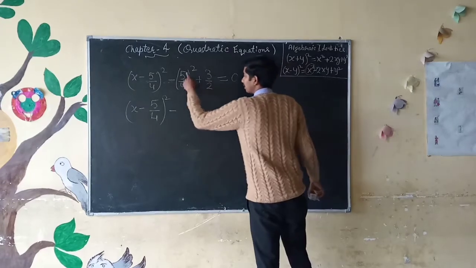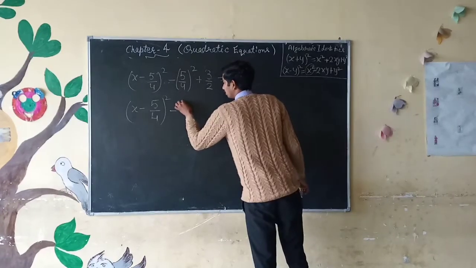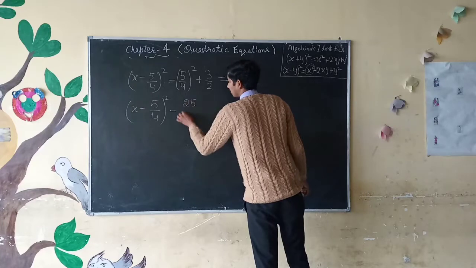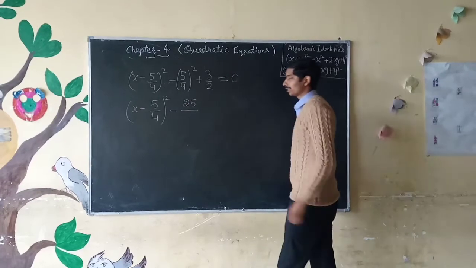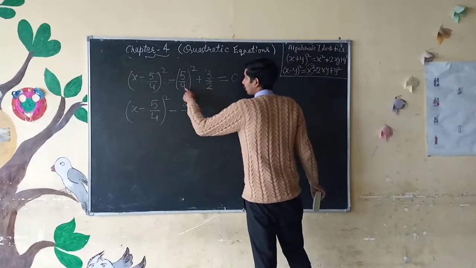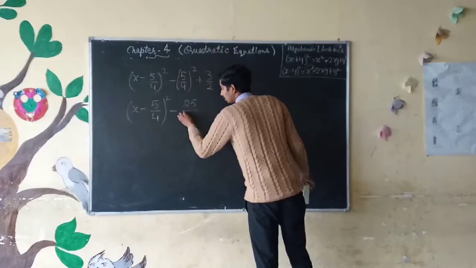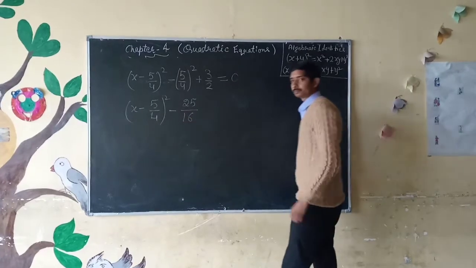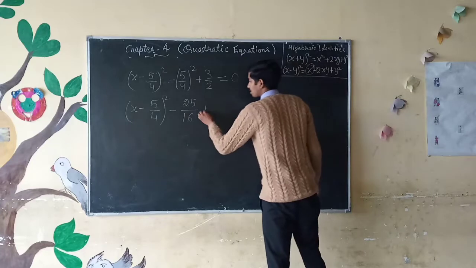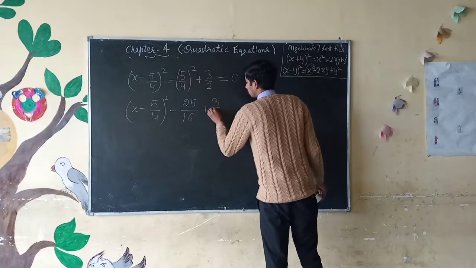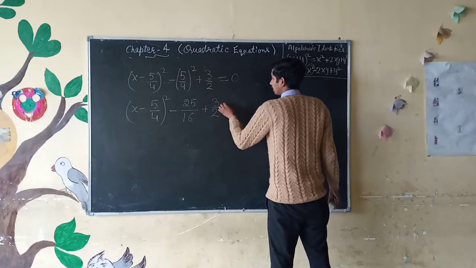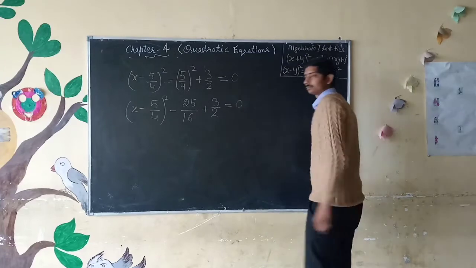That is 5 square means 5 fives are 25. Can I write it here like this? Same, 4 square means 4 fours are 16. Is it okay? Plus 3 upon 2 equals to 0.